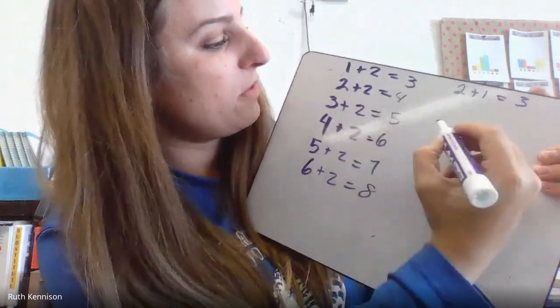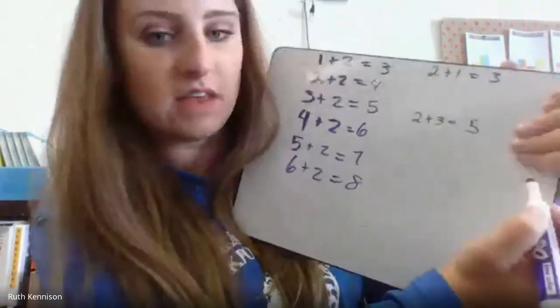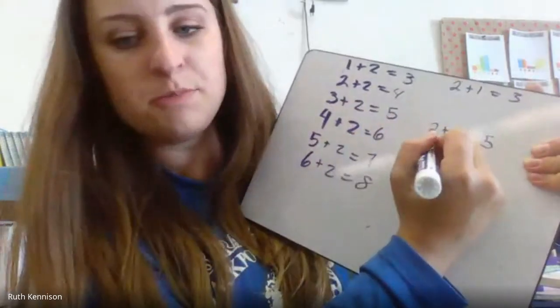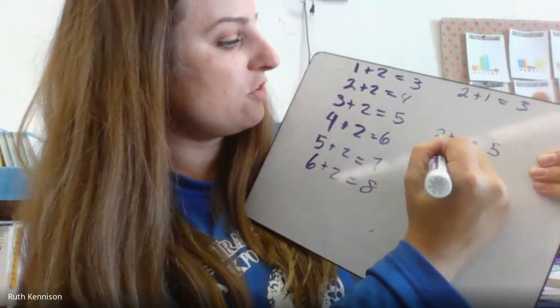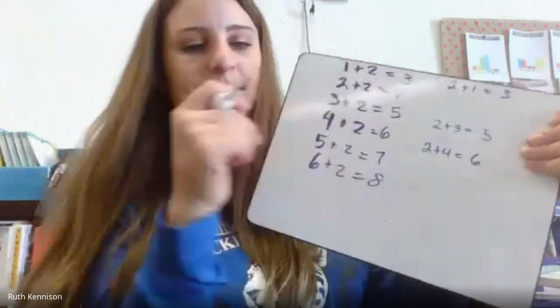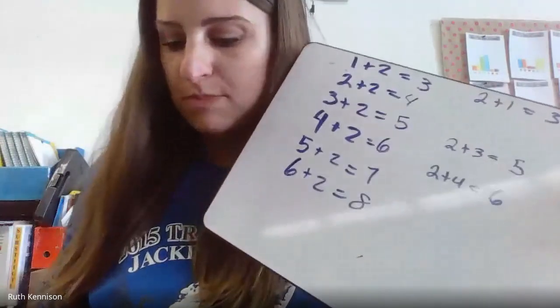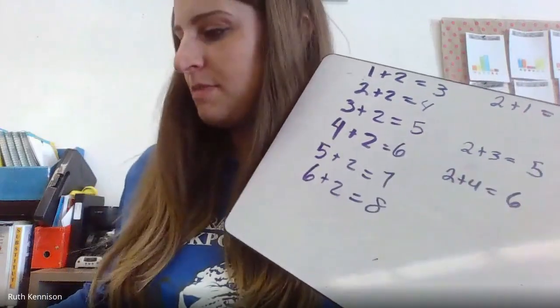If we have 3 plus 2 over here, but we have 2 plus 3 over here, it's the same. If you have 4 plus 2 over here, Amy, please mute your mic, and you switch it over here to where 2 plus 4, you have the same sum, the same answer. Very good. Elizabeth remembered some of our prior lessons. Way to go, Elizabeth. Pat yourself on the back.